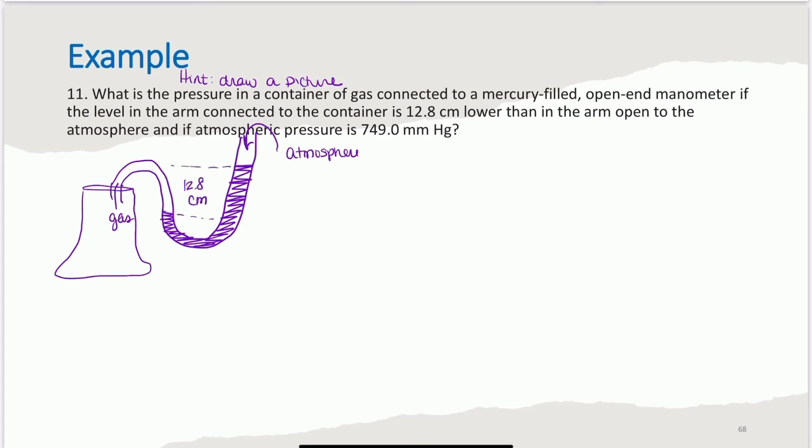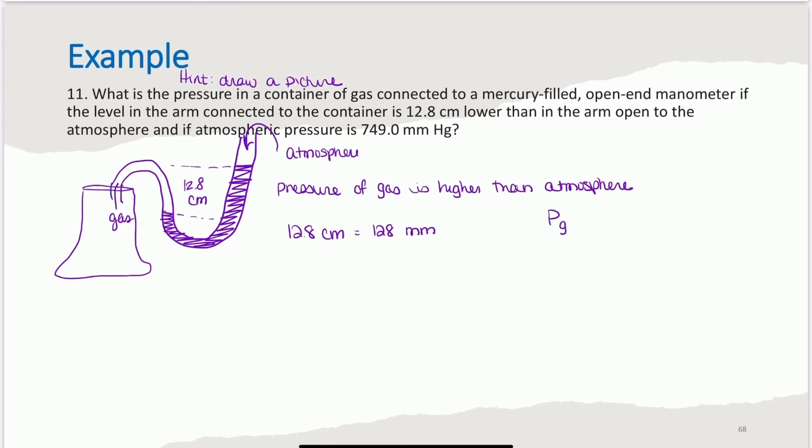What this means is the pressure of the gas is stronger or higher. It's able to push on the mercury in that tube by 12.8 centimeters more than the atmosphere can push. 12.8 centimeters is the same as 128 millimeters.